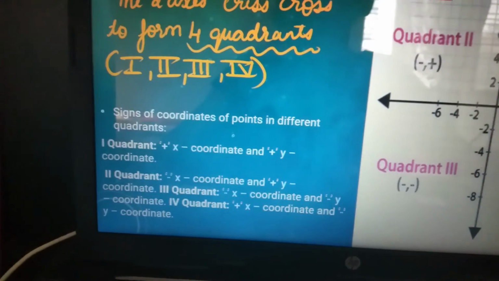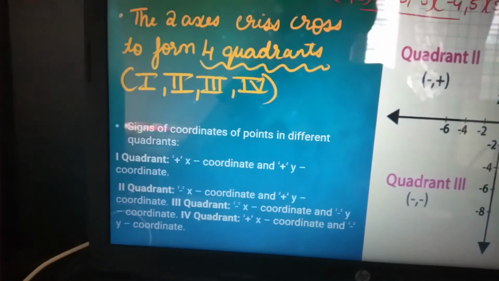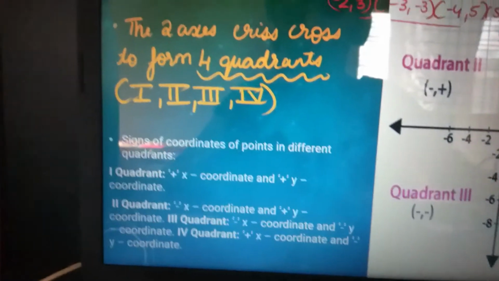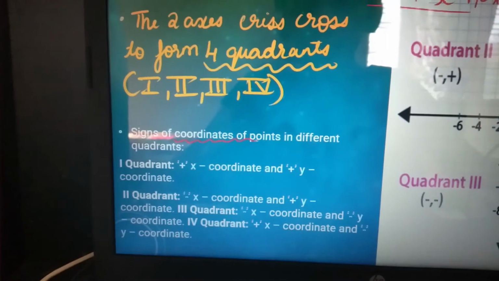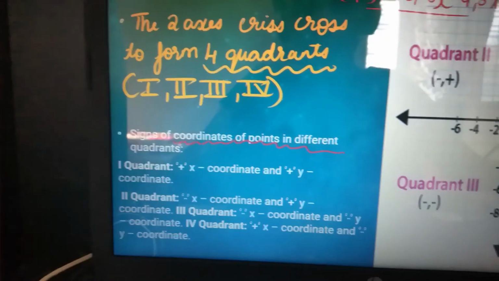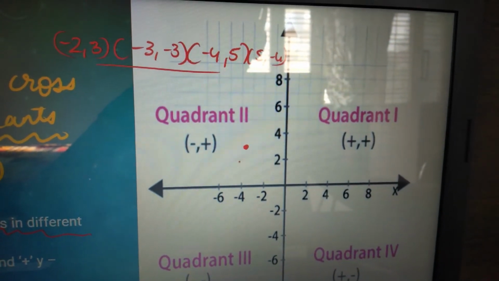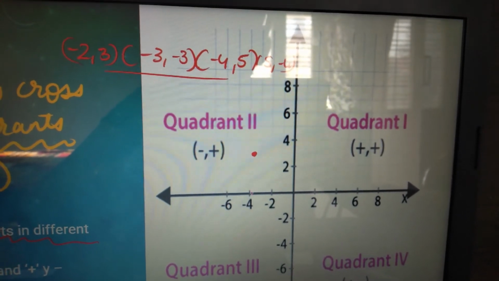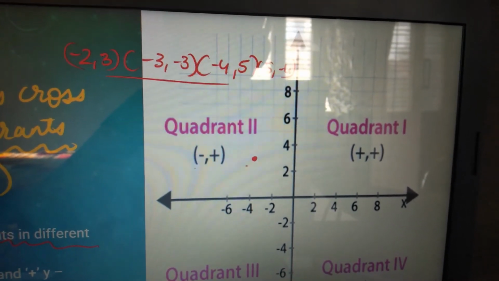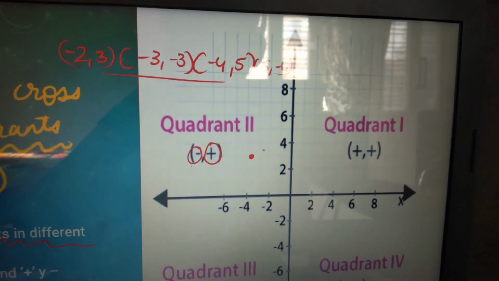Basically we can represent these coordinates in their respective quadrants. And how do we know in which quadrant we need to represent which coordinates? For that we need to know the signs of the coordinates of points in different quadrants. Meaning if there is a point plotted in the second quadrant, you can always be assured that the sign of the x coordinate will be minus and the sign of the y coordinate will be plus.